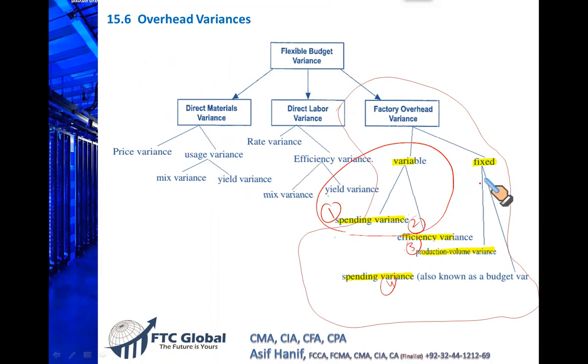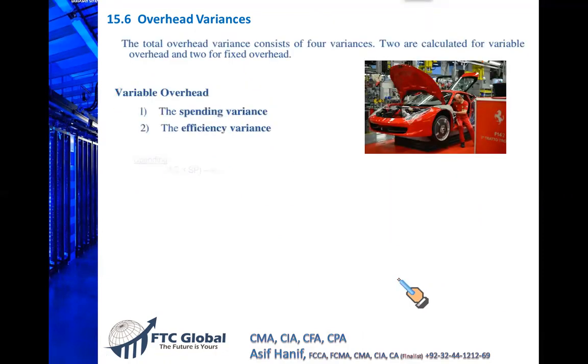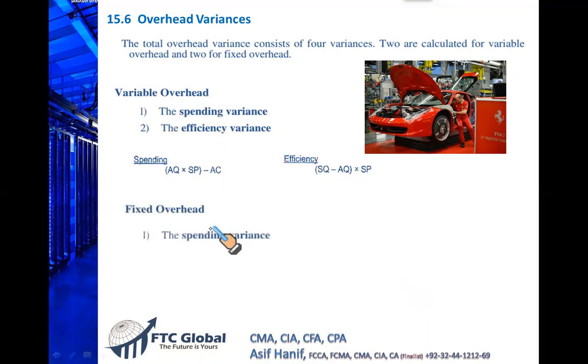Now we are going to discuss the fixed overhead variances. There are two types of fixed overhead variances, the production volume variance and the spending variance. Let's do that. The fixed overhead spending variance will give you how much fixed overhead we should have spent and what is the actual cost.